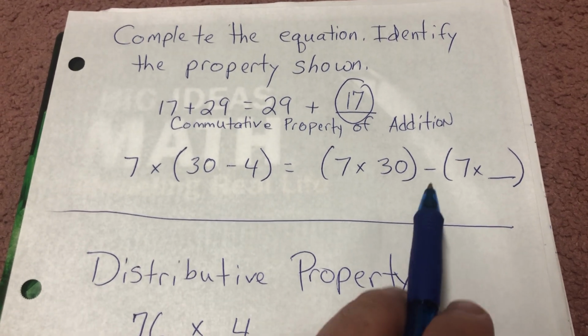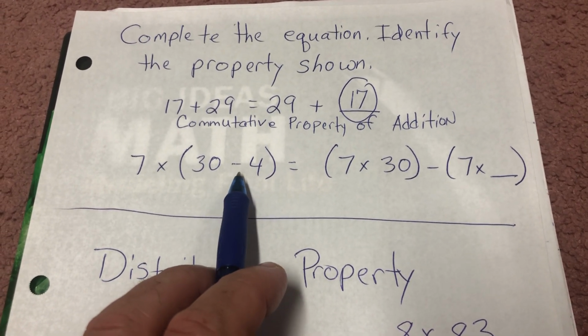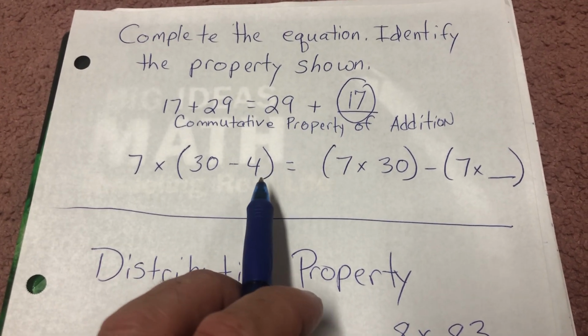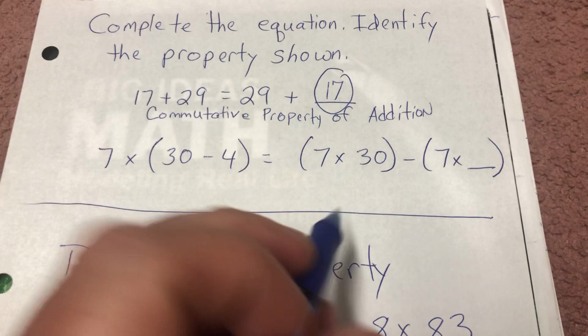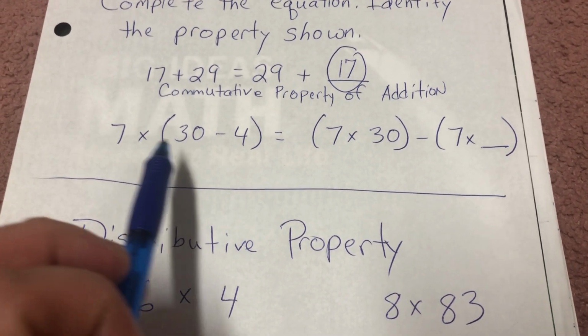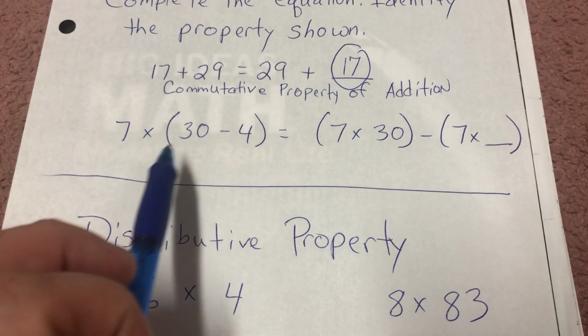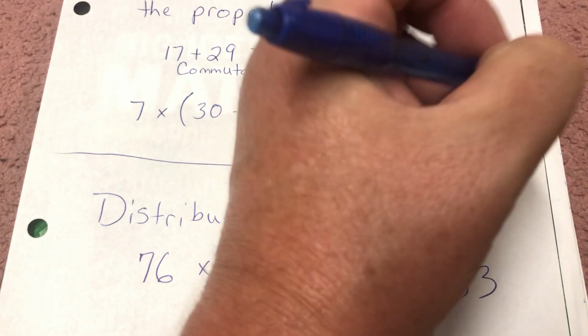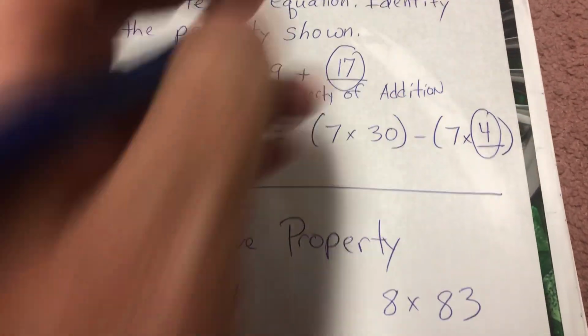But then I'm subtracting something, which I get my subtraction sign from there. And then logically, it's going to be 7 times 4, because this has me doing 7 times 30, and it has me subtracting from that whatever 7 times 4 is. Okay, so this would actually fill in with a 4.